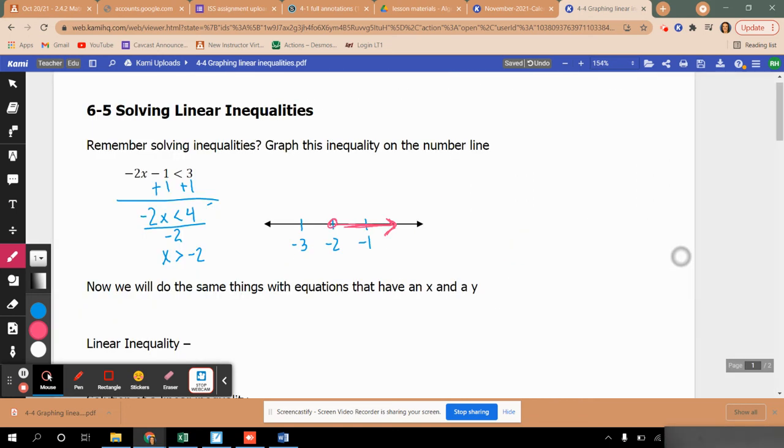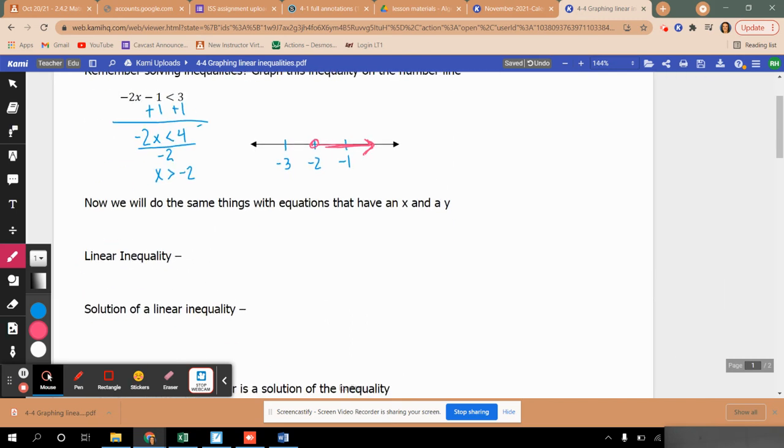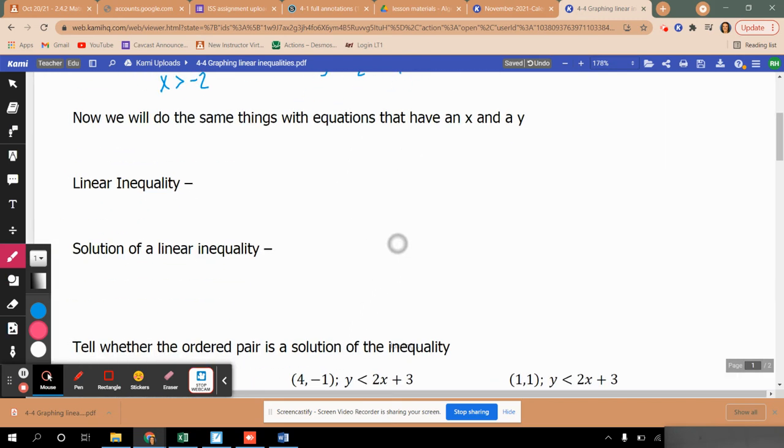All righty. Now we're going to do the same thing with inequalities that have x and y. When we're defining a linear inequality, we are talking about an inequality with a linear function, which involves an inequality.